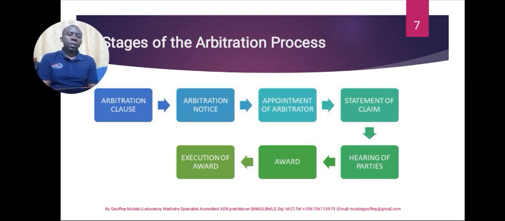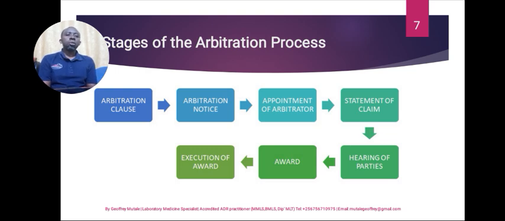After making an award, the two parties must agree and accept the award or conclusion that is made by you. After it is made, the last step is to ensure that the award is implemented, or you ensure the execution of the award.